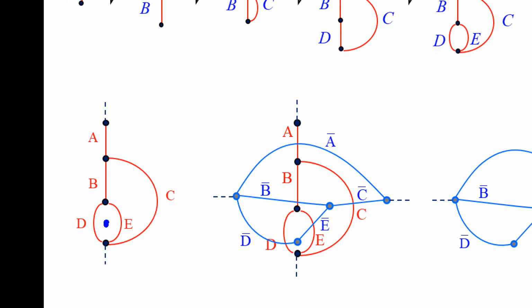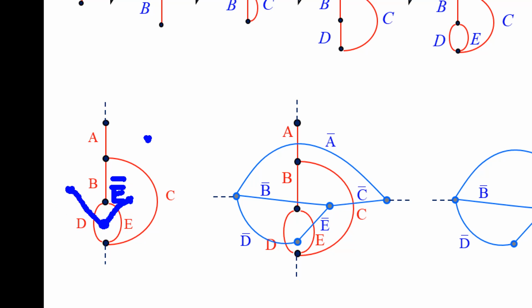You just add a node in each mesh. When you link an edge between this node and this node, it passes through this line that is controlled by E. That means this edge must also be controlled by E, but this one is active high, so this one must be active low.